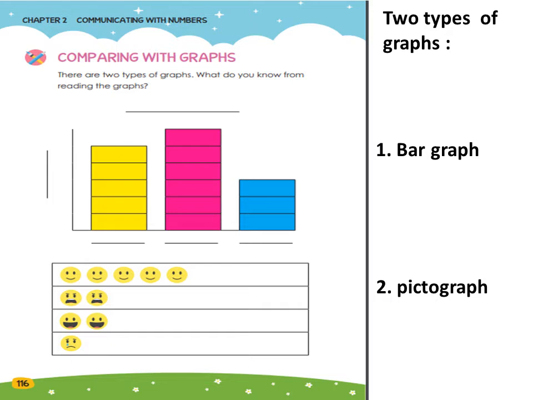What is missing in this graph? Excellent, the title. I have colors, so I can make this graph about favorite color, and the question can be, what is your favorite color? So we will write the title here, favorite color.